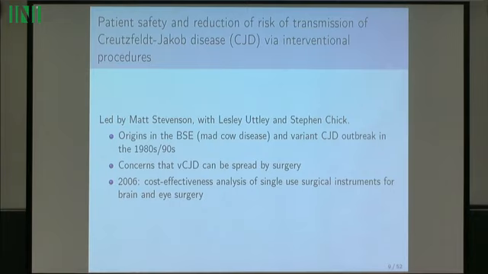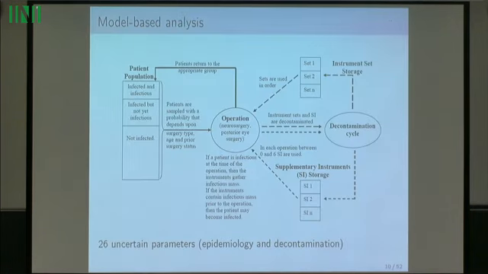Okay. So I just cut this from a report, so you don't need to read all the text, but Matt built this individual patient simulation model that simulates patients arriving at a surgical centre, having the operation, then potentially the instrument that you use gets contaminated. You try and decontaminate, but that only has a limited effect, and then that instrument gets potentially used on another patient who may or may not be affected.